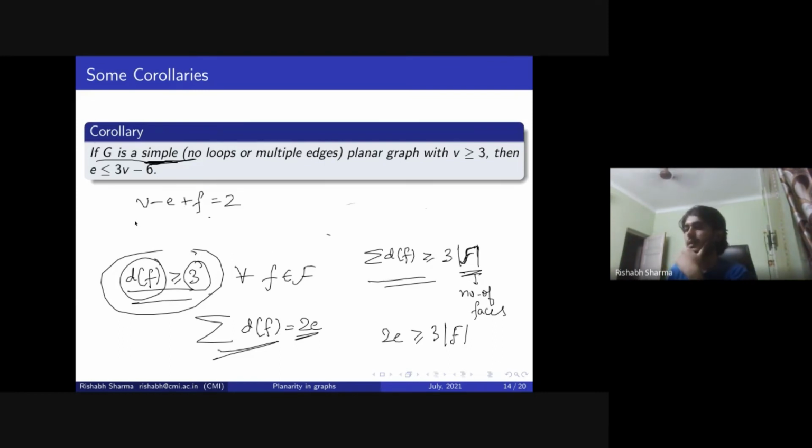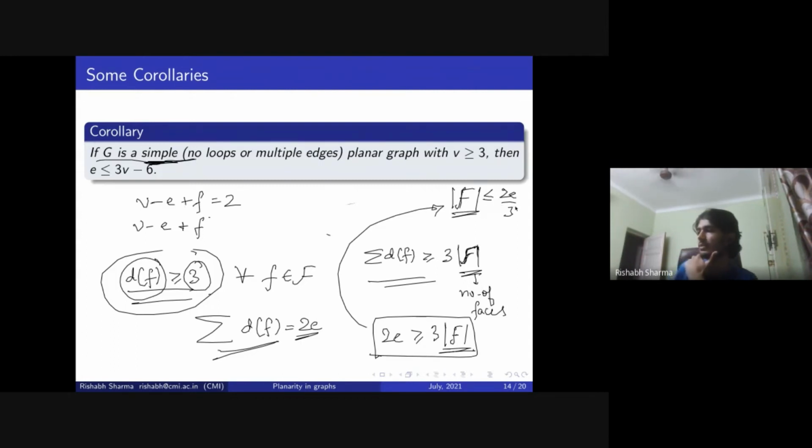Now we see that this f is actually at most 2e by 3, right? I mean, this inequality gives us this. The number of faces is at most 2e by 3.